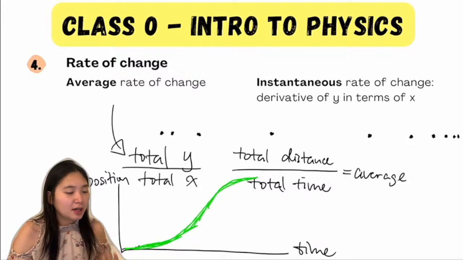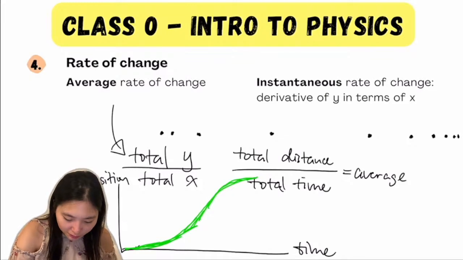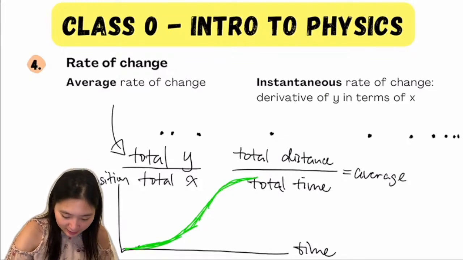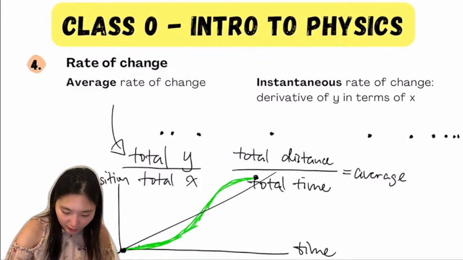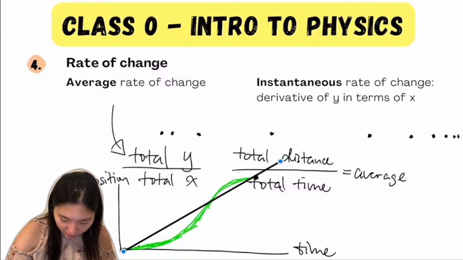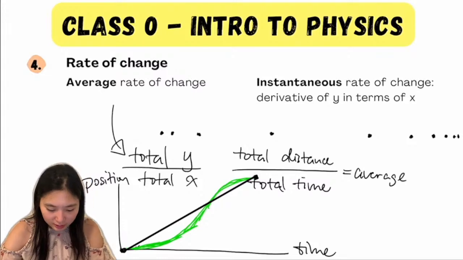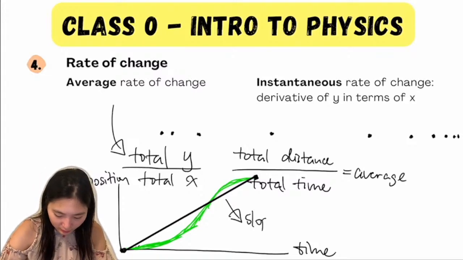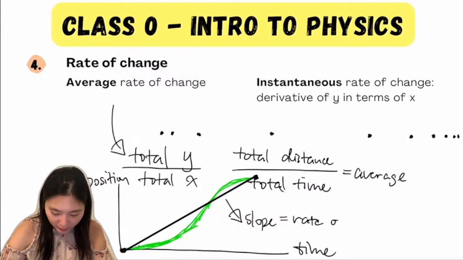When it comes to average rate of change, I simply connect the initial point of the graph and the ending point of the graph using a linear line, and then calculate the slope. The slope represents the average rate of change.